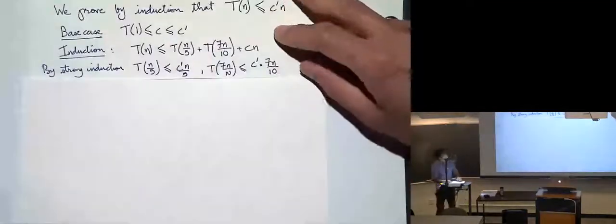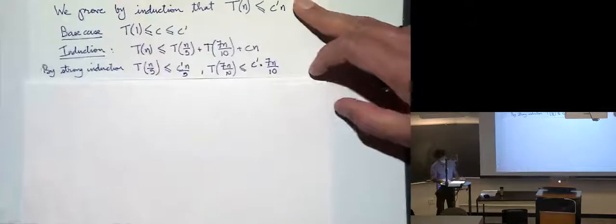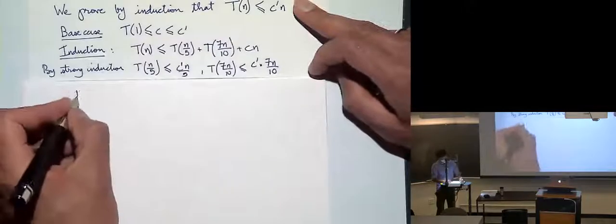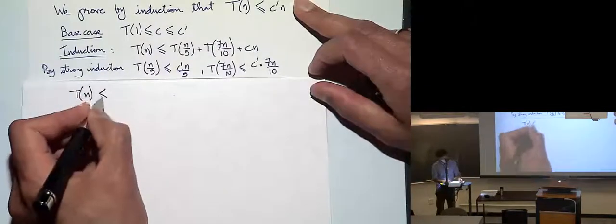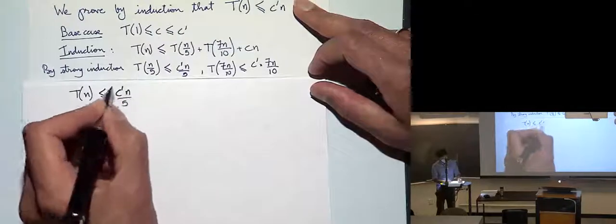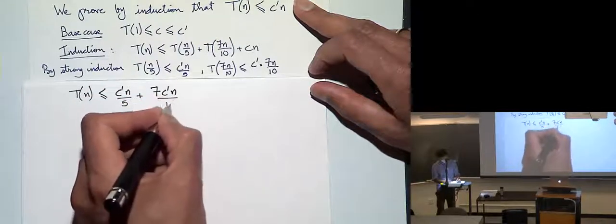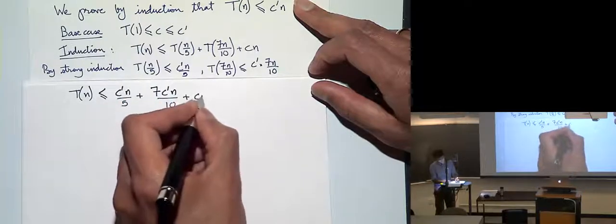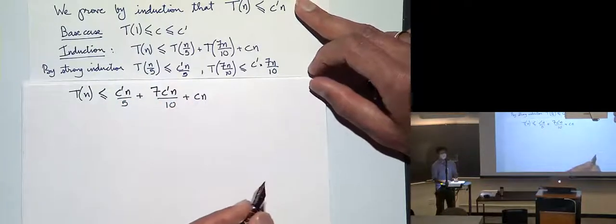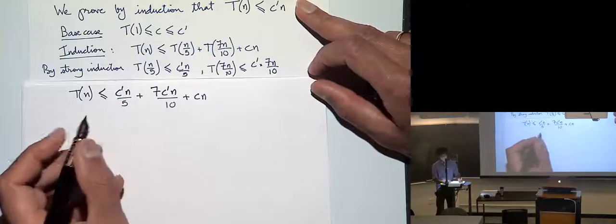Okay, now I'm going to plug all of these things in, which is T(n) is at most c'n/5 plus 7c'n/10 plus cn. And now you'll see everything work out.